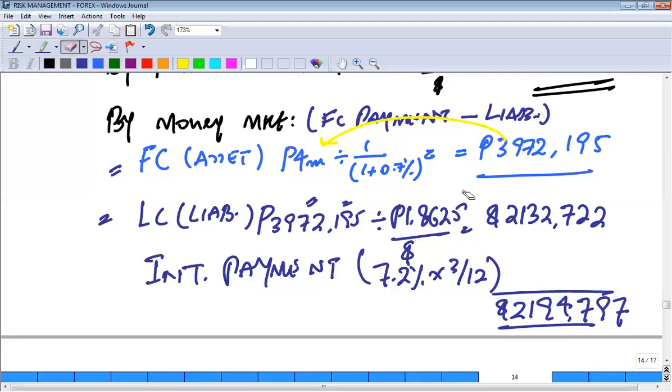Yes, 38,389 plus 2,132,722 is 2,171,111.